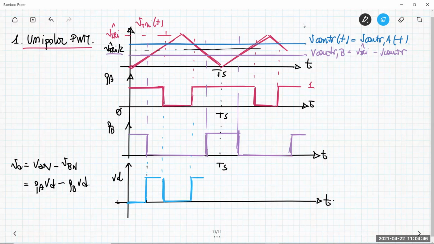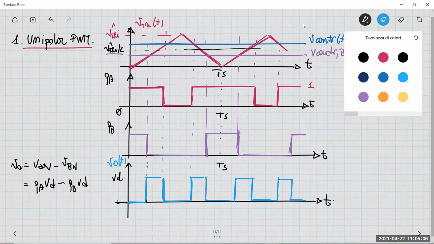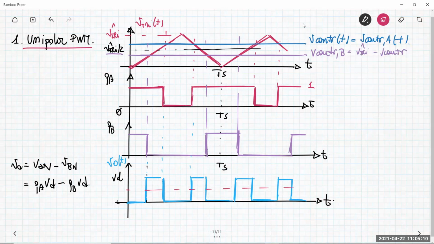Then you have the difference which is positive, 0, positive, 0, positive, etc. This is the V naught instantaneous value, okay? Which is the average value of this quantity, but the average value is something that is here.